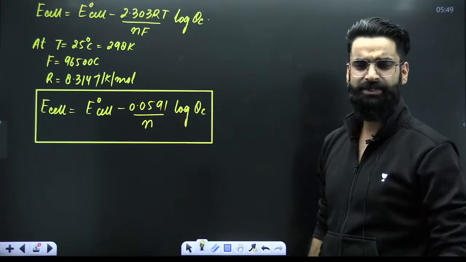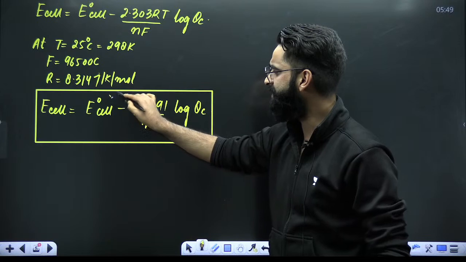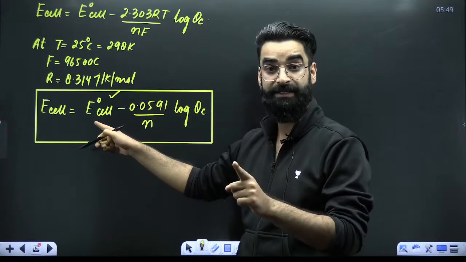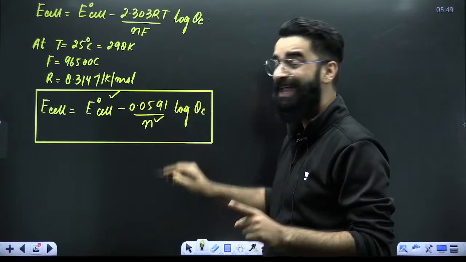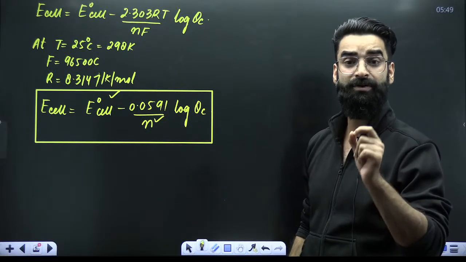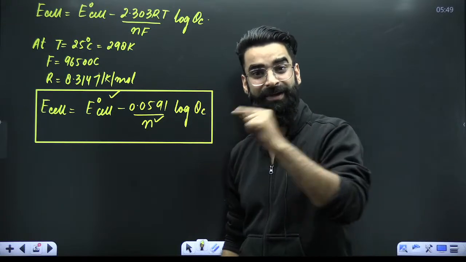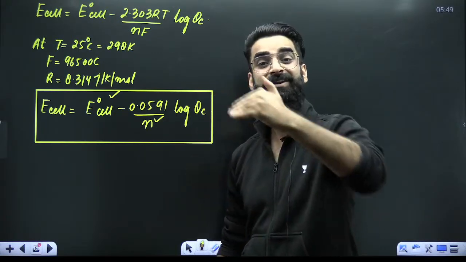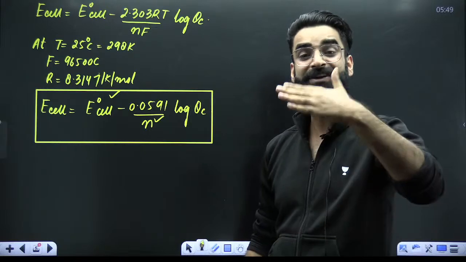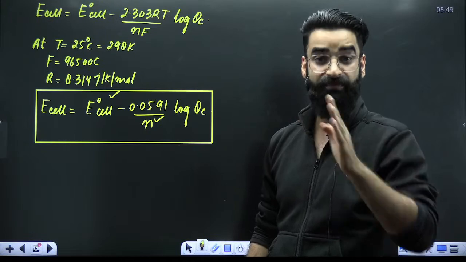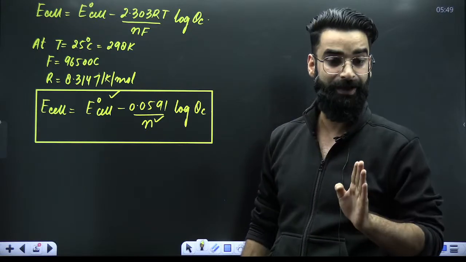My dear students, do you remember how we calculate E0 cell? I have discussed this with you. E0 cell is equal to E0 cathode minus E0 anode. Do you remember how we get the N value? It's the number of moles of electrons exchanged in the net cell reaction. For that purpose, we write the reaction at the anode, then the reaction at the cathode, then we balance the electrons, then we add the reactions, and once we add the reactions, the electrons get cancelled out, right?